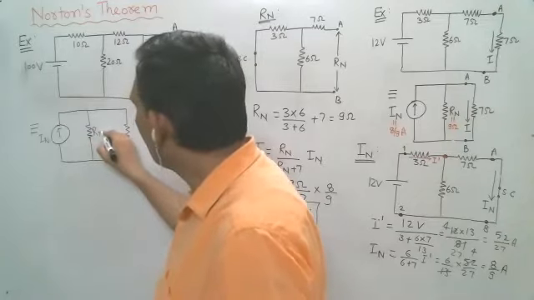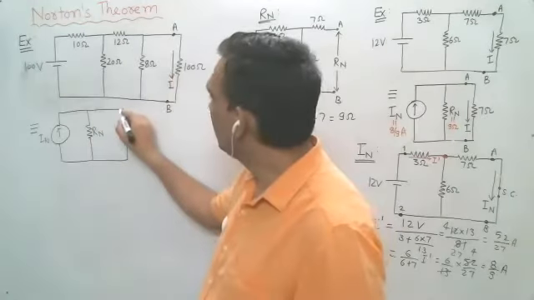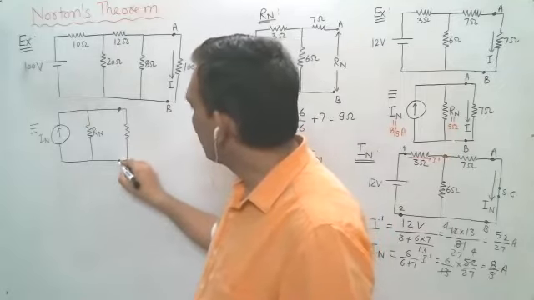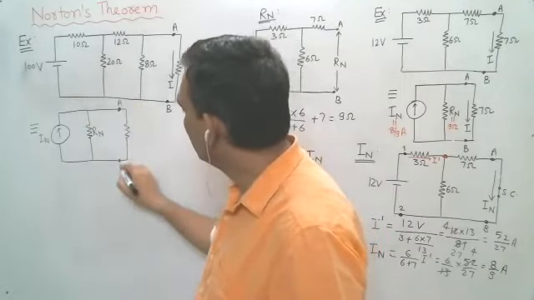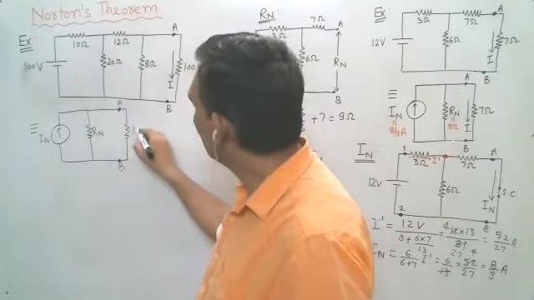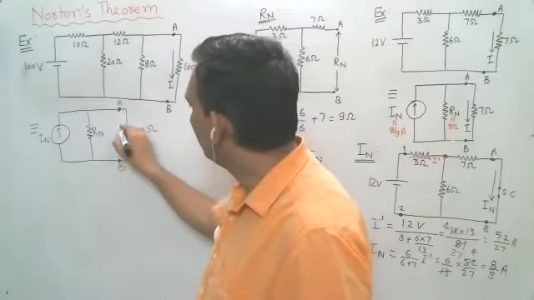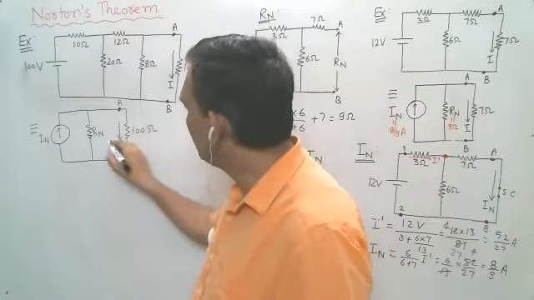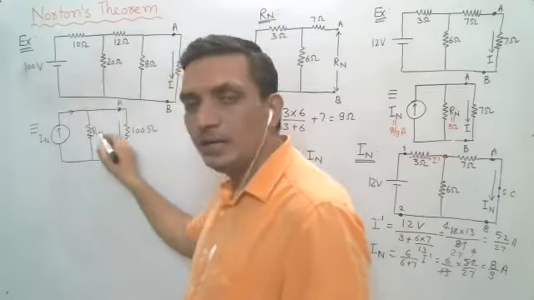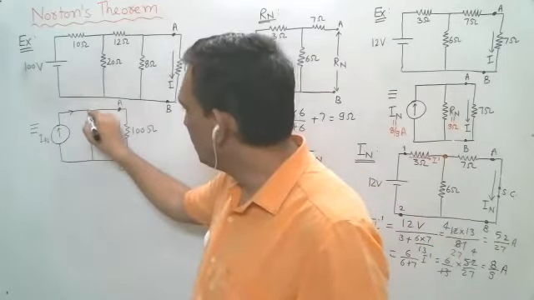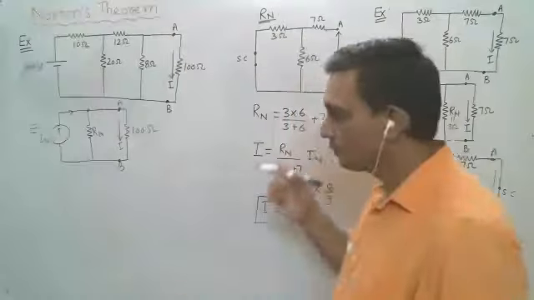This is RN. So IN and RN are connected across points A and B. This is 100 ohm. Load is 100 ohm. So if you know IN and RN, apply current division at this node, you will get current I.